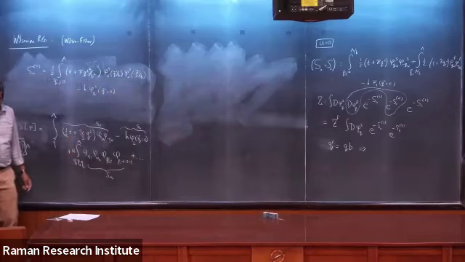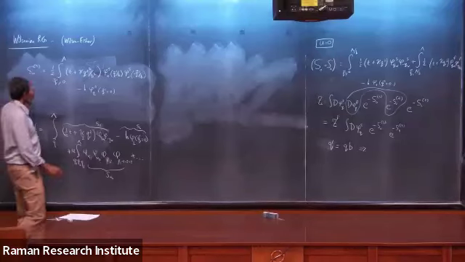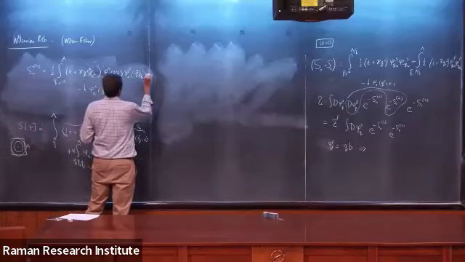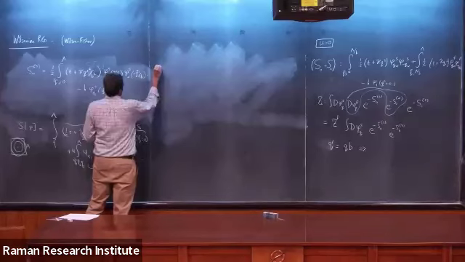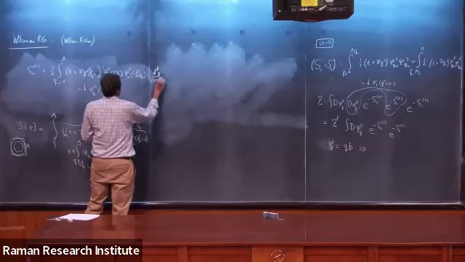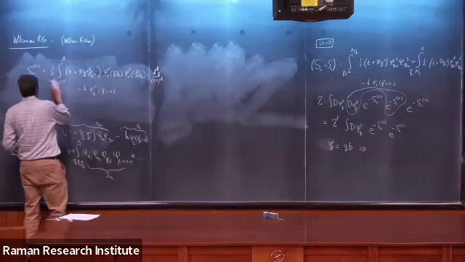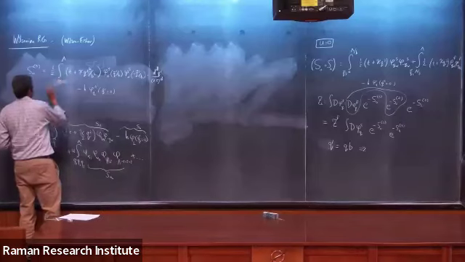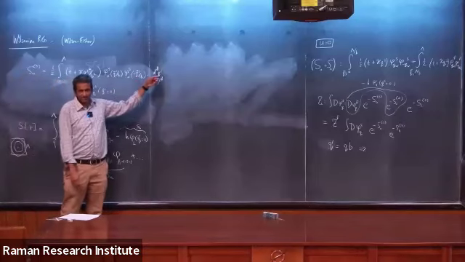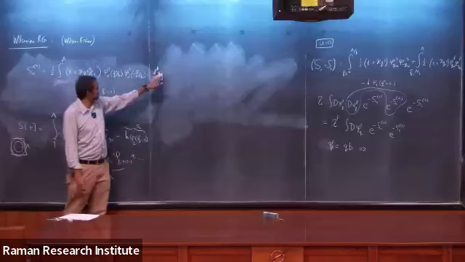Oh, I'm sorry, you're right. Thank you. And that's going to change as well. But maybe this shorthand is a bad idea. So we had this element here with d^dq, and now I have to replace it by d^dq prime.